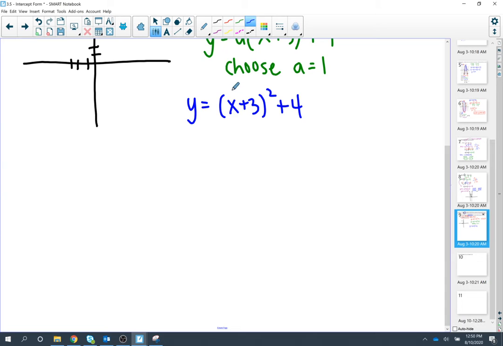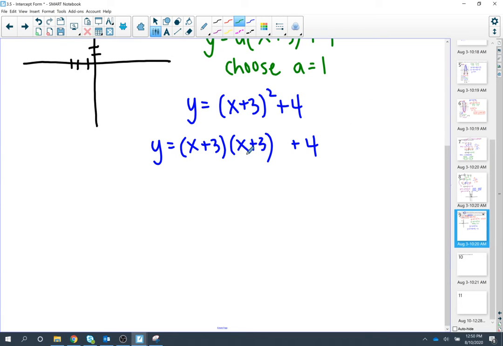Now, remember, if you have something like (x plus 3) squared, you cannot distribute that squared. We had this conversation. It doesn't work. So the way we do that is we write it twice. So y equals (x plus 3) times (x plus 3), and then we'll just leave that 4 hanging out.